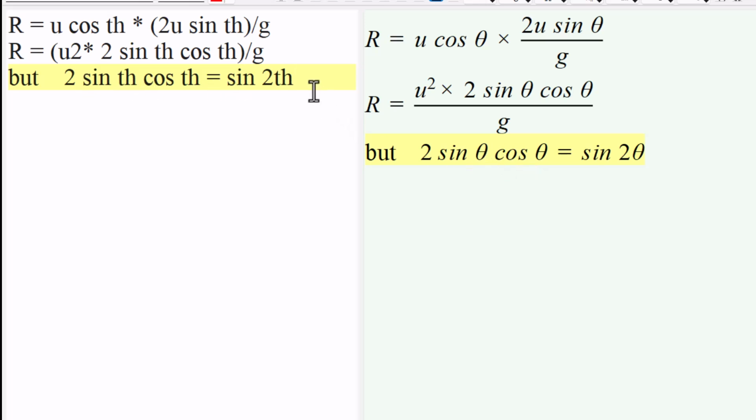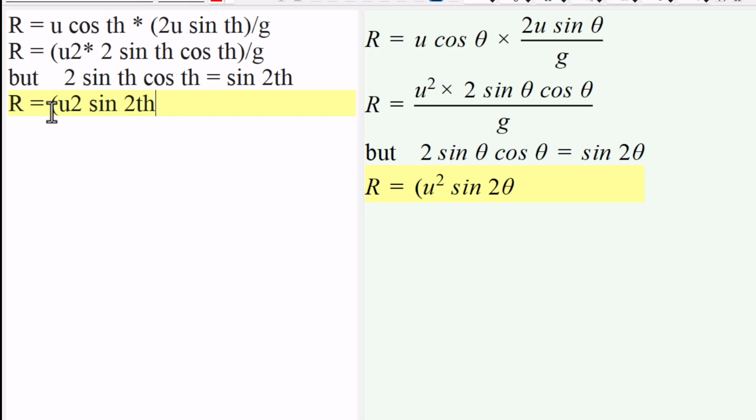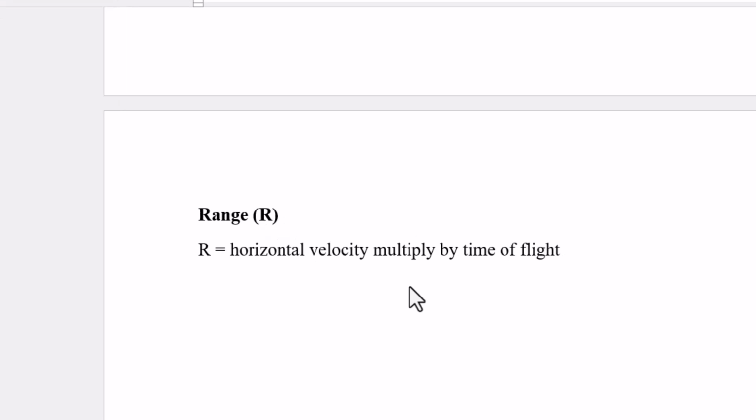So our range, which is capital R, will now be equal to u square sine 2 theta. Then don't forget, divide it by g. So this is our range formula. Range is going to be u square sine 2 theta over g.